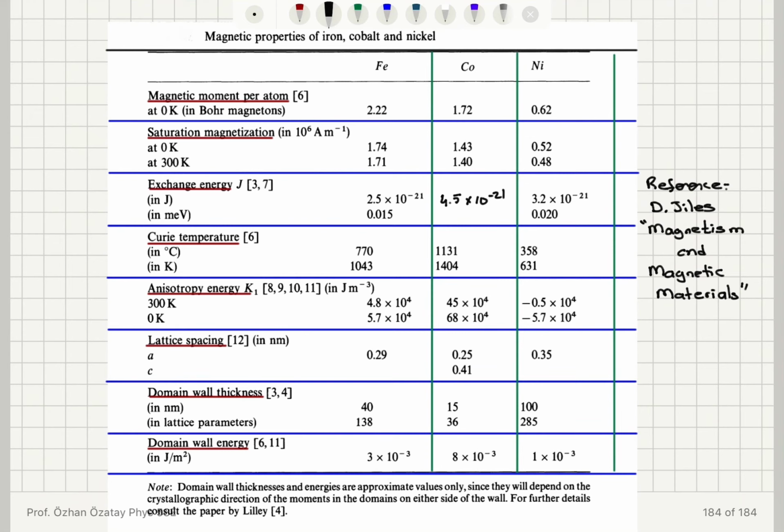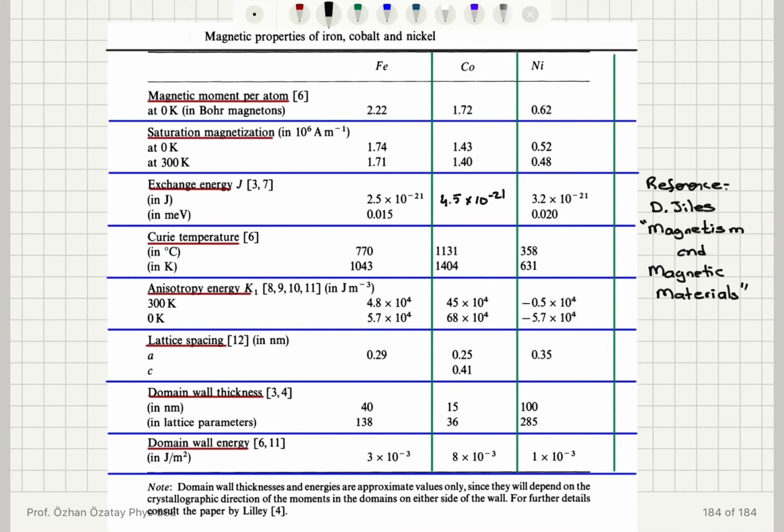And if you look at the anisotropy constants at 300 Kelvin, you can see that we have the highest anisotropy in cobalt here. Lattice spacings are similar. All of these parameters determine the domain wall thickness. In iron, it's about 138. As you can see, this all depends on the temperature, and different sources will give different numbers, so these are rough calculations.